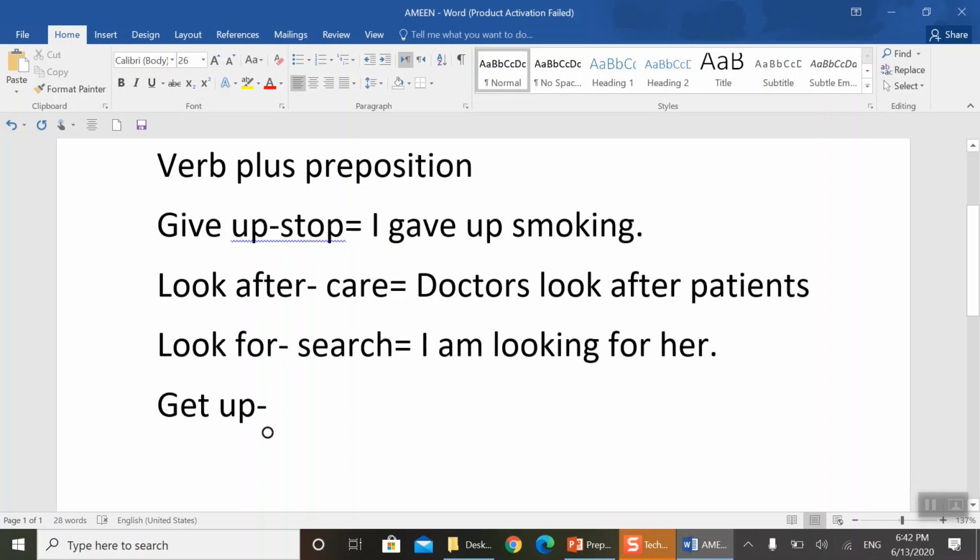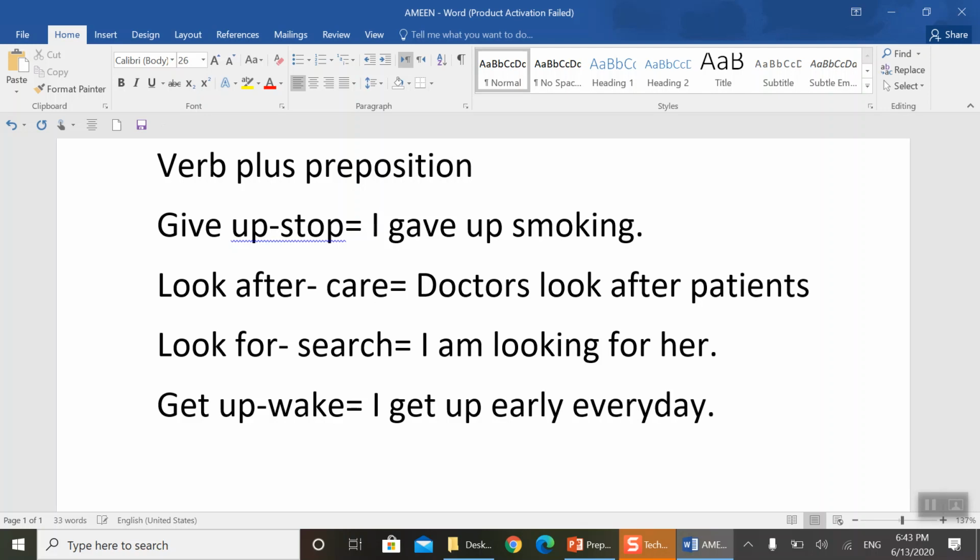But get up, it means wake. Example, I get up early every day. You see? It's very important when you want to use phrasal verbs. Very important. You have to know this.